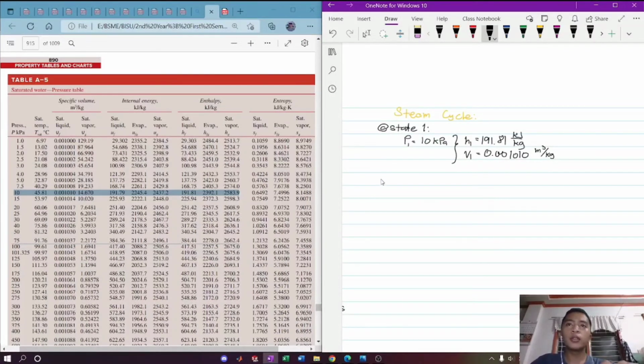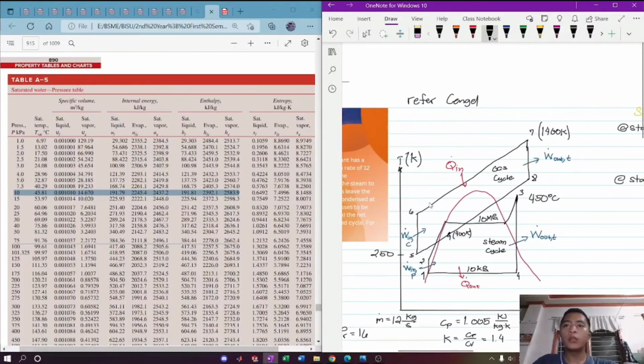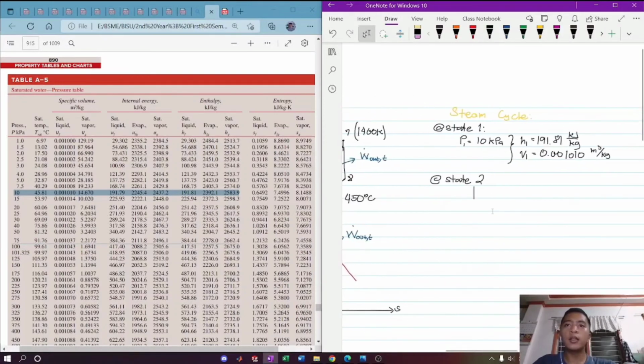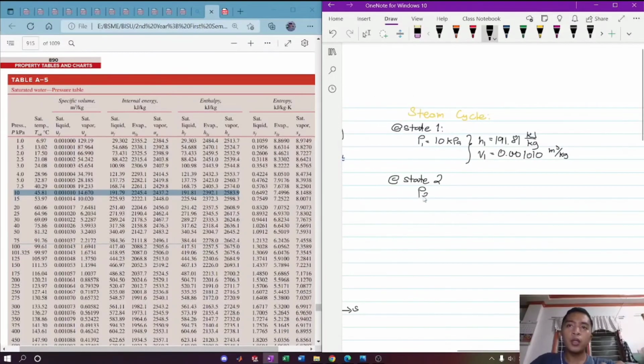Now, solving for state 2. The pressure at state 2 is 10 MPa, so P2 is equal to 10 MPa. To solve for H2, H2 is equal to H1 plus V1 times P2 minus P1.